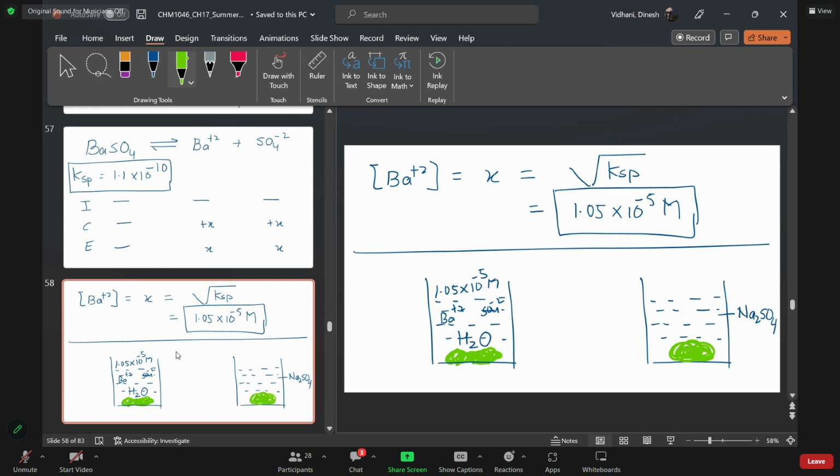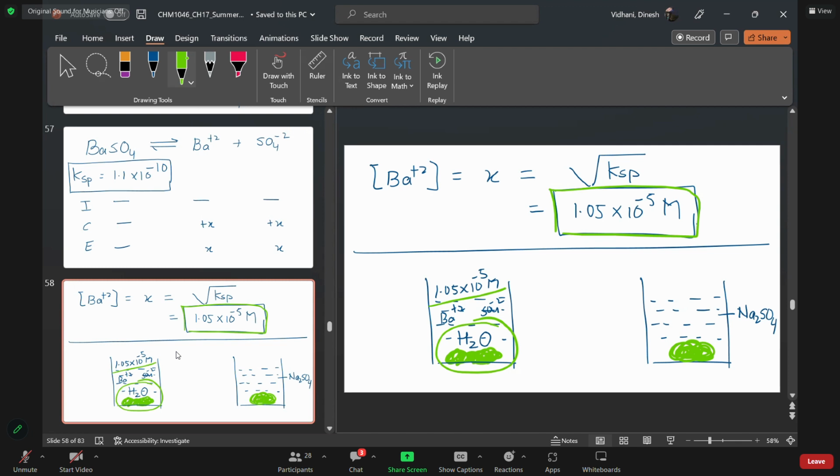What would happen? Will the same amount, the way you had it before, go inside the new solution as well, or is it going to be different? In the previous one, we simply had water, and 1.05 times 10 to the power -5 molar barium sulfate went inside the solution. This time we want to know whether it's going to be more or less.